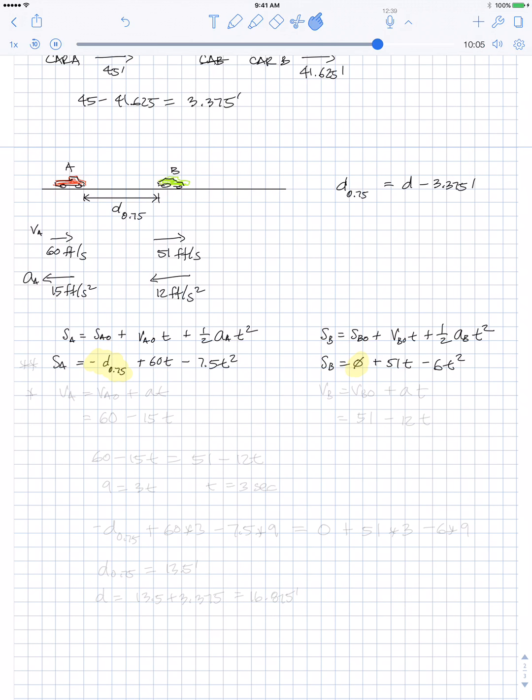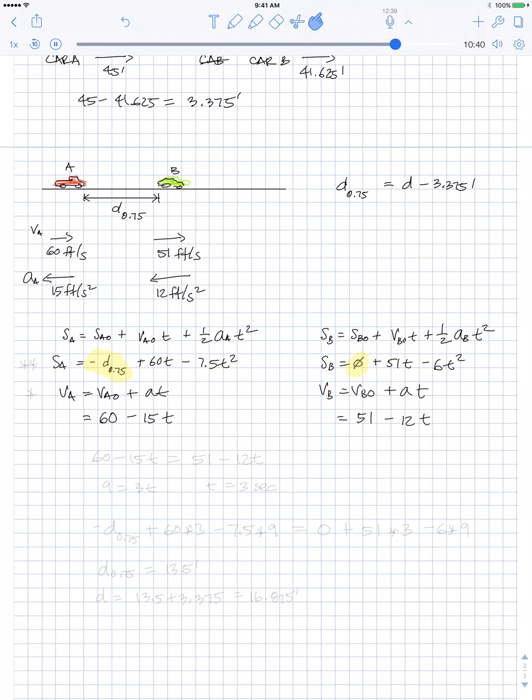So we need the equation for the velocity of A, which is VA0 plus AT, and the velocity for B. And so we're just going to plug in the numbers for the initial velocities and the accelerations. So car A was going at 60 feet per second, but it's decelerating at 15 feet per second squared. And B was going at 51 feet per second, and it's decelerating at 12 feet per second squared.